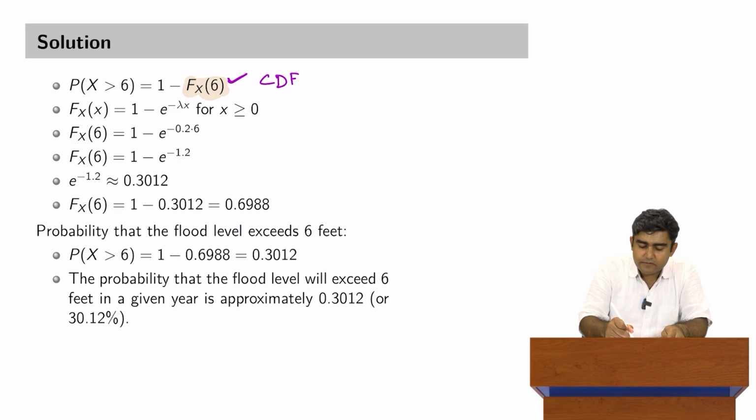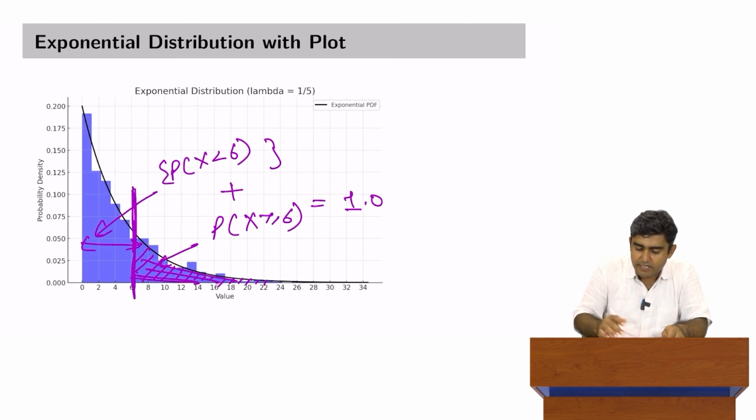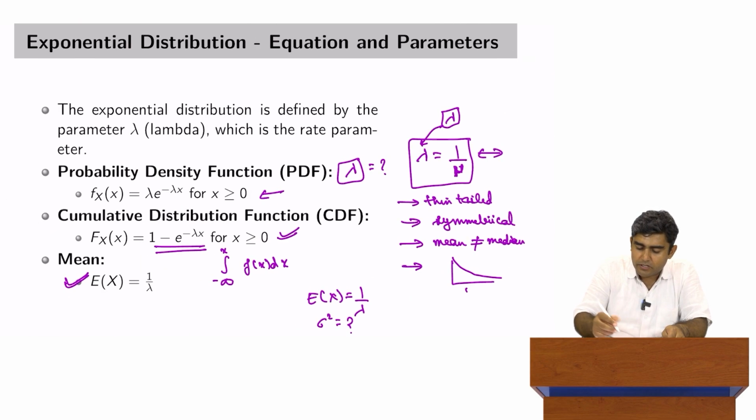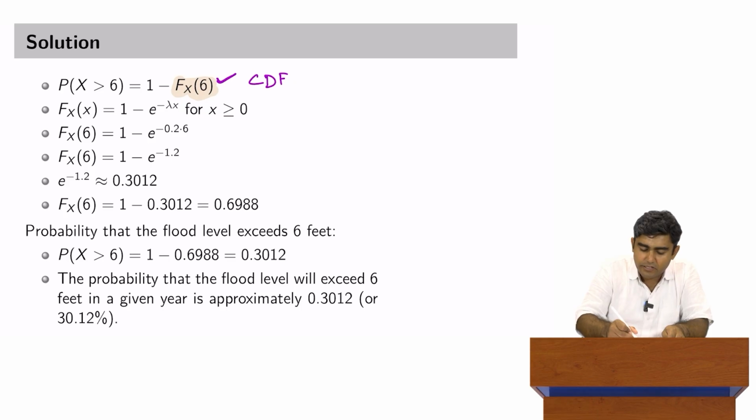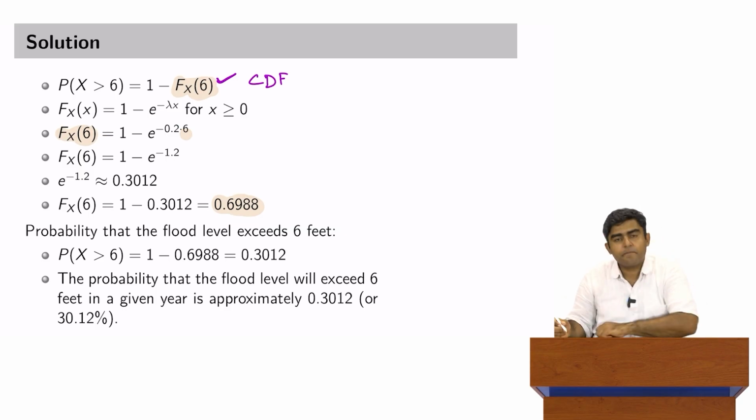In this case, we know from our discussion that for an exponential distribution, the cumulative distribution function F(x) is given as 1 minus e to the power minus lambda x. So we'll simply substitute the values and get the value of capital F(6) as 1 minus e to the power minus 0.2 times 6, and hence it comes out to be 0.6988.